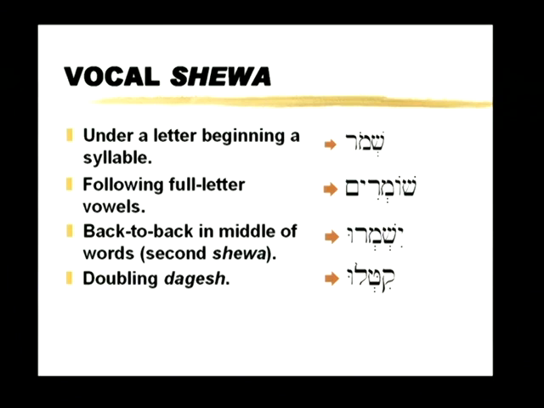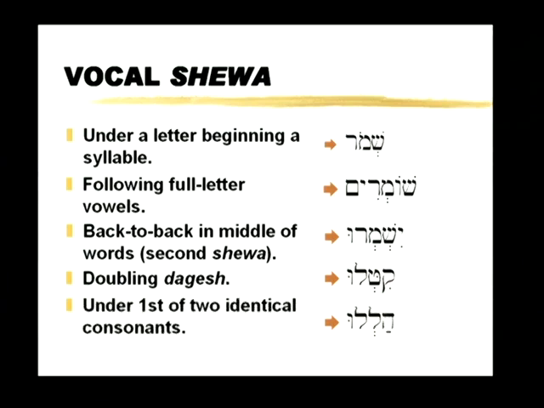Kit-talu. All right? And then when you have two identical consonants, like two lameds together here in the middle of this word, the first consonant in that pair where they're identical, both lameds here in this case, then that schwa is vocal. And this one's easy because you know hallelujah, right?